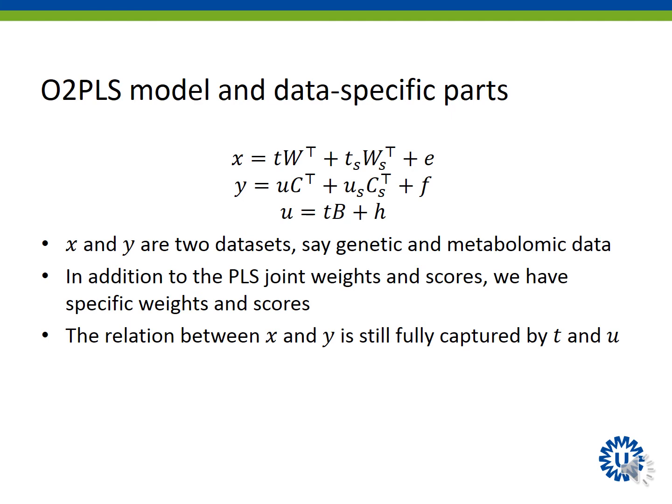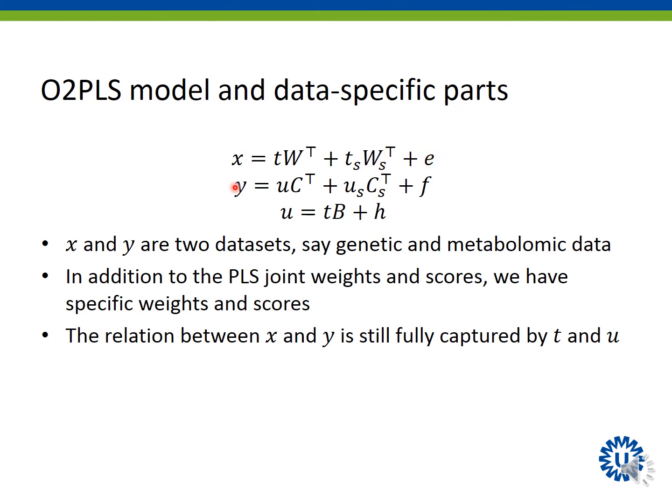If you look carefully, you recognize the PLS model. However, there are data-specific parts being introduced. So now X is a joint part, represented by T times W transpose, plus a specific part, T specific times W specific transpose, plus residuals.